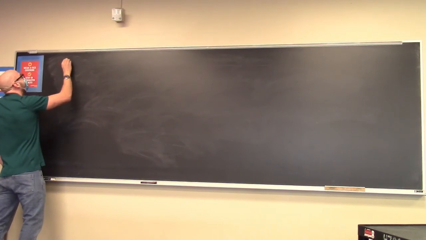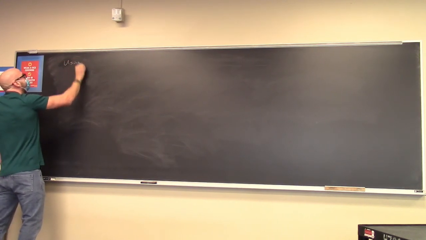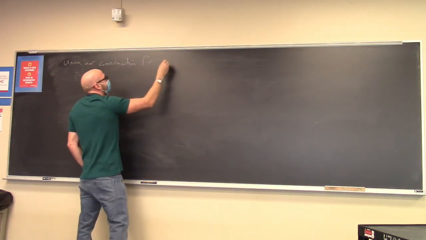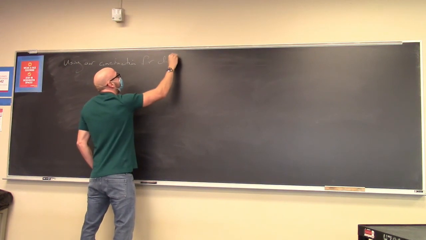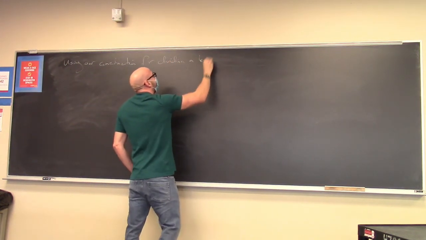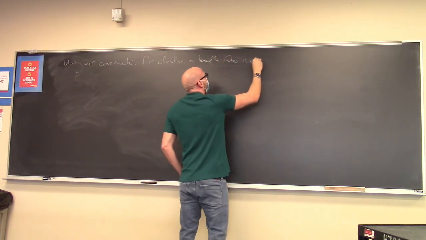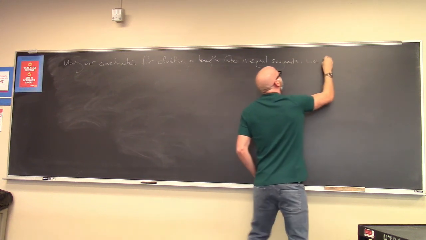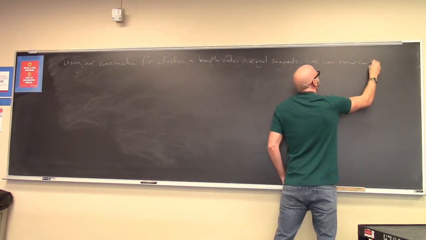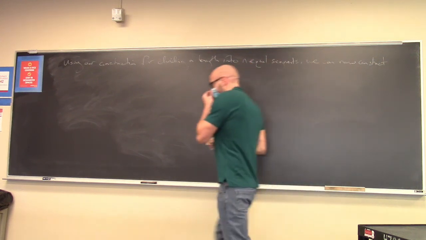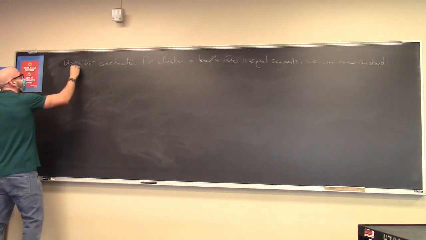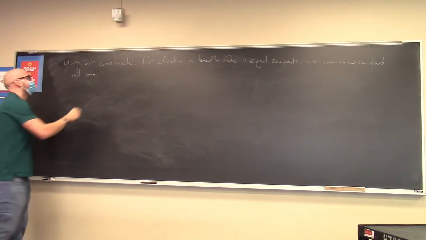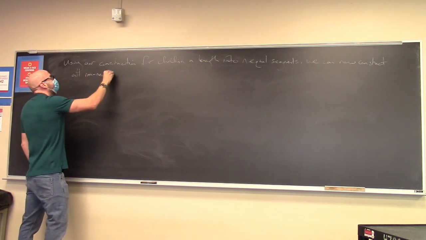So using our construction for dividing a length into n equal segments, we can now construct all positive rationals. In fact, I'll be even clearer because we have 0 in here. We know we can do 0 as well. We can construct all non-negative rationals.